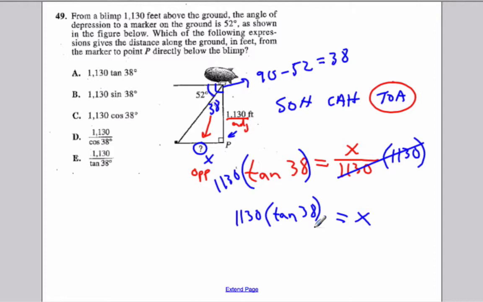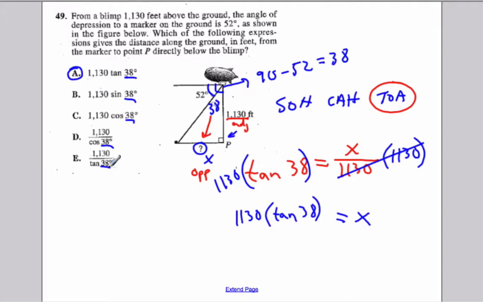So in this case, the best expression is going to be A as an apple. Are there other ways of setting this up? Yes, you could have found that this angle was 52 degrees and gone through that way. However, if you look at your possibilities, none of these deal with 52. So you're dealing with this angle of 38 degrees. You can almost use this fact that they keep going with the 38 as a hint in a direction as to which one they would want you to set up.